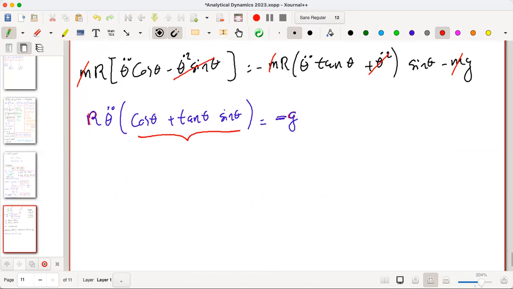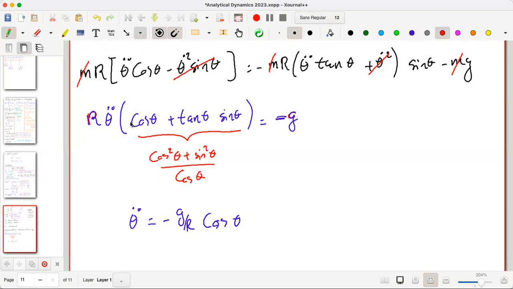Well, this can be written like, what is this? Sine over cos times sine, so sine squared over cos. So we have cosine squared plus sine squared over cosine theta. So it's 1 over cosine theta, right? So theta double dot is just minus g over r times cosine theta.